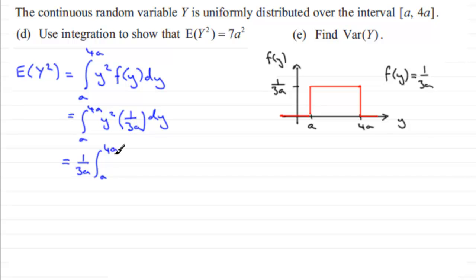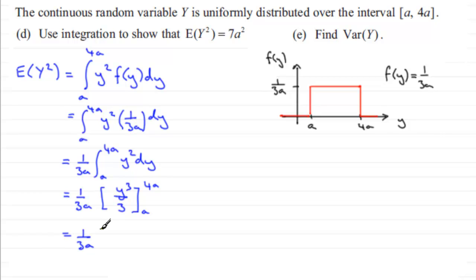So we're integrating y squared with respect to y from a to 4a. If we integrate y squared, we get y cubed over 3, in the usual way: add 1 to the power and divide by the new power, going from a to 4a.